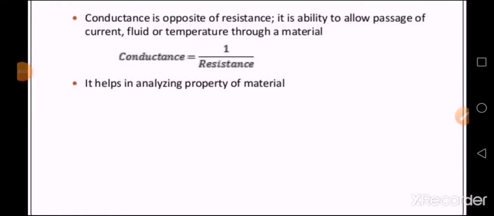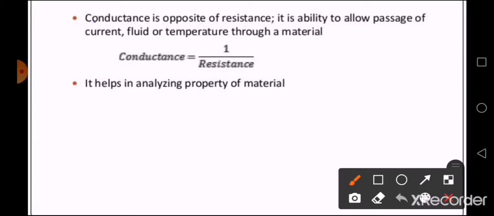Now we are coming to conductance. You have already learned what resistance is, isn't it? Conductance is the reciprocal of resistance. What is resistance? It is the force which opposes the flow of electric current, isn't it? Its opposite, conductance, is the ability to allow the passage of current or fluid or whatever it is.